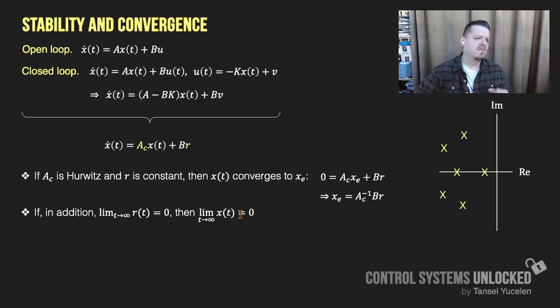So what we covered so far in this lecture and the last lecture, we are looking at linear systems. We have linear differential equations, which we can write in this form. And when you have time varying systems or nonlinear systems, things differ a little bit.